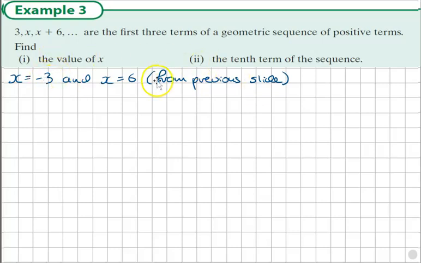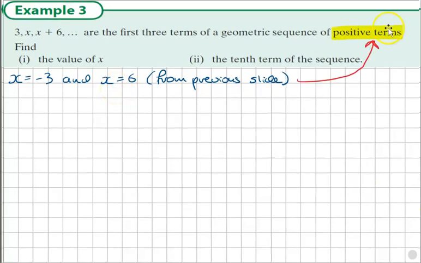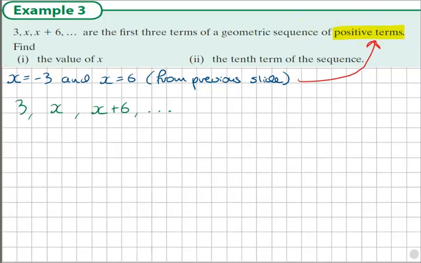So this is just from the previous slide. So x is equal to minus 3 and x is equal to 6. So going back to our question, it tells us that our terms are the first three terms of a geometric sequence of positive terms. So again, from our question, we have term 1 is 3, term 2 is x, term 3 is x plus 6.